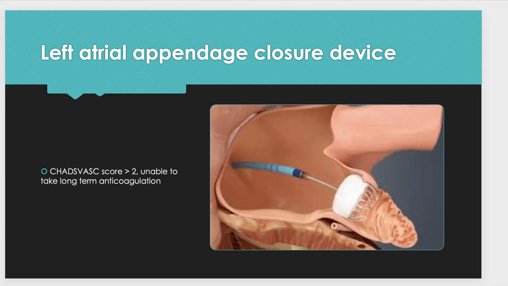This is for patients that have a CHADS-VASc score of 2 or greater and are unable to continue taking oral anticoagulation long term. This can be because of recurrent GI bleeding, nosebleeds, hematuria, and we've treated patients that have had subdural hematomas.